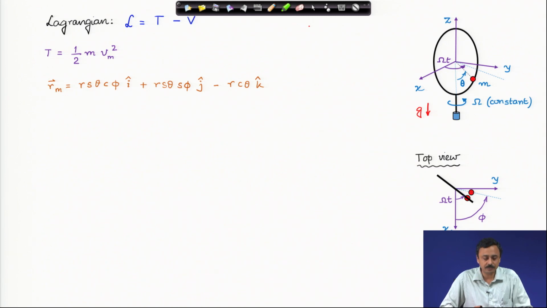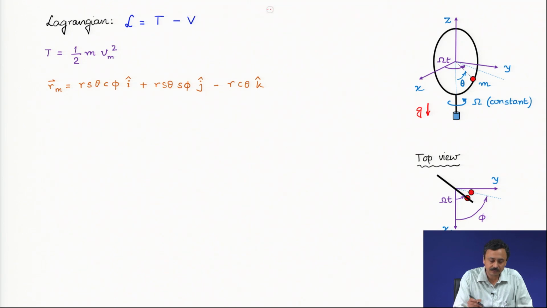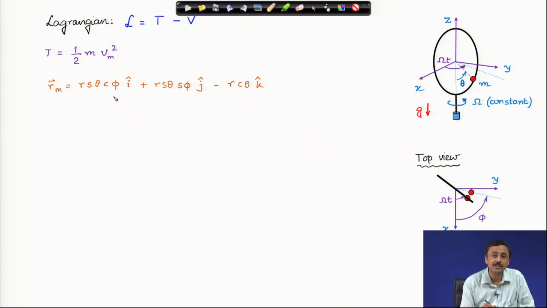This is straightforward to write. Here, rather than phi equals omega t, I have introduced phi, and that gives the bead a freedom to move in the phi coordinate direction.